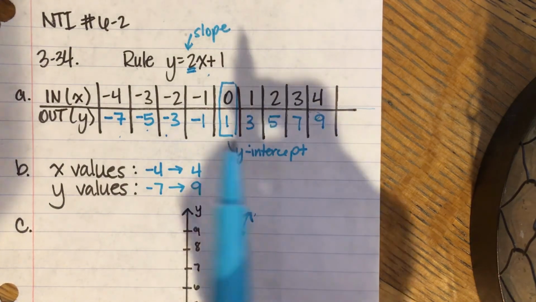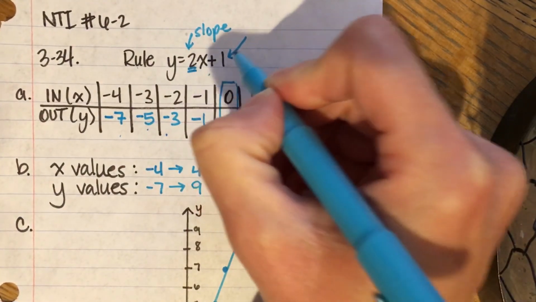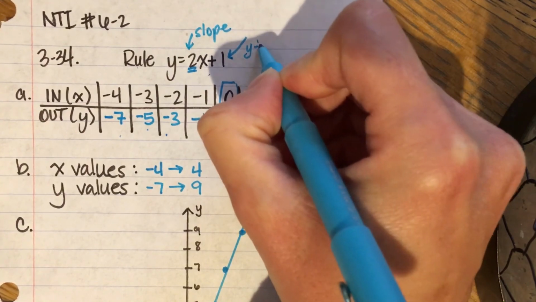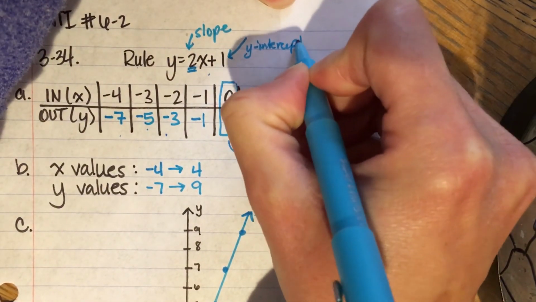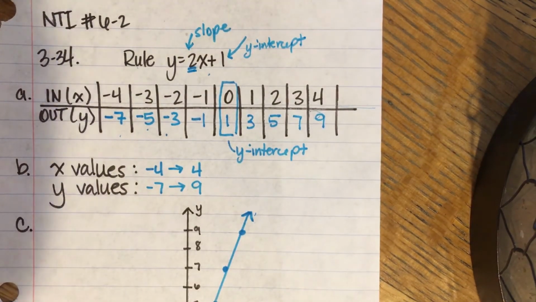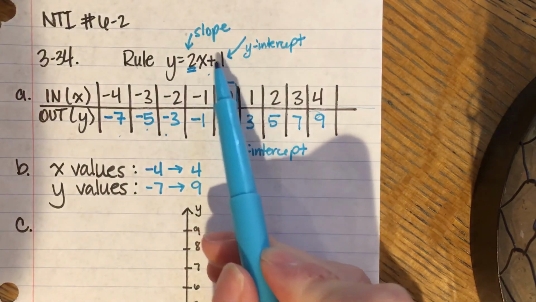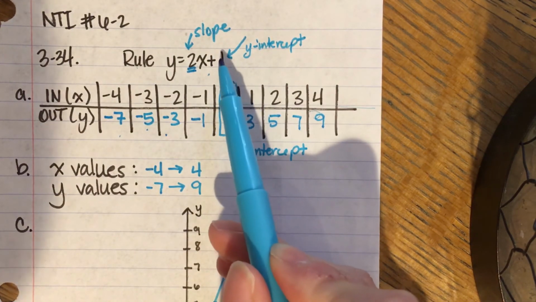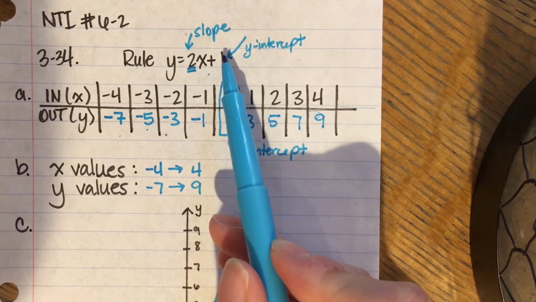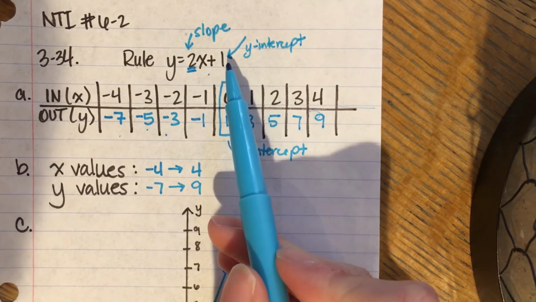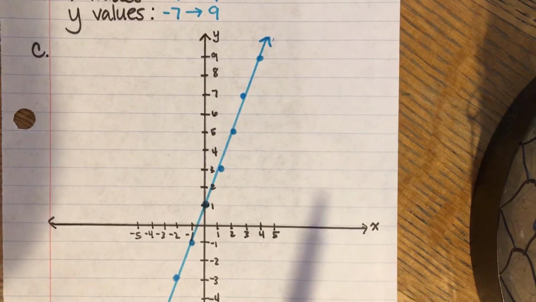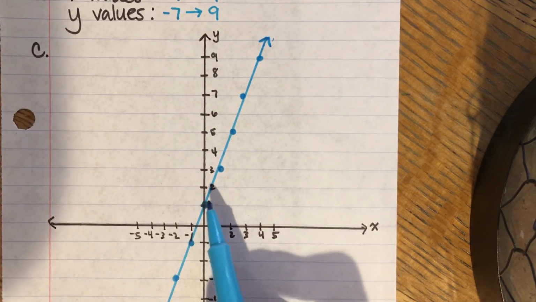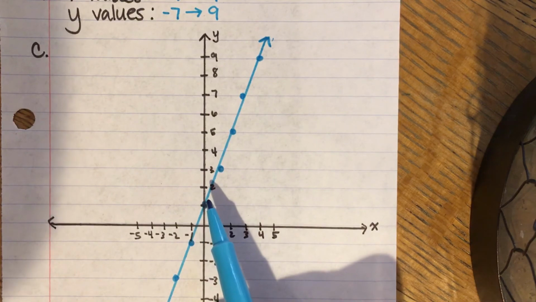So this is 1, and here's where it shows up right here. Our y-intercept. So what does this mean? How does that relate to my graph? Well, this number here is my y-intercept. So this tells me at 0 and 1 is where the line is going to cross the y-axis. So if I go back to my graph, notice right here at 0 and 1 is where my line crossed the y-axis.